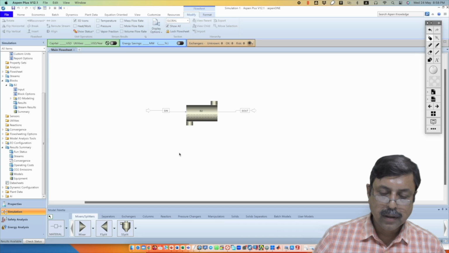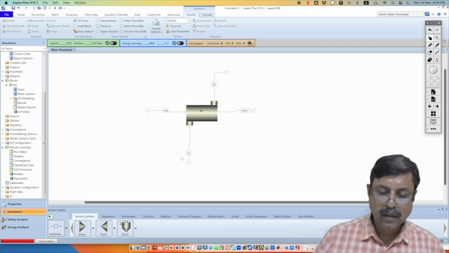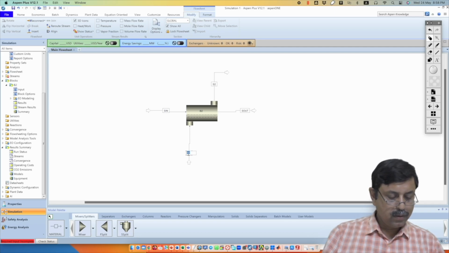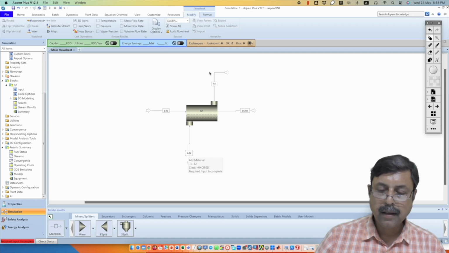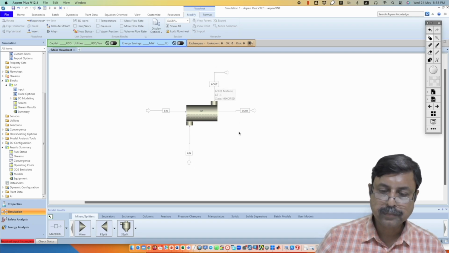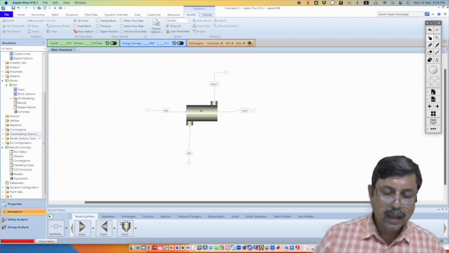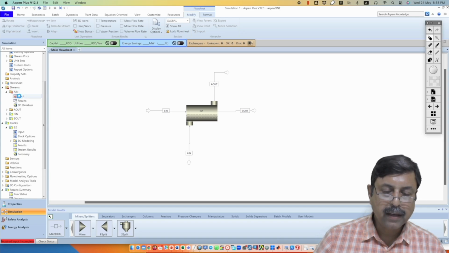So here you have to add in another flow. So this is inlet gas and this is exhaust. You name it A in, that is air in, and you can name air out. And this air in and air out, air in you have to specify.